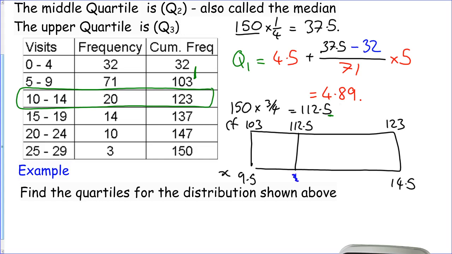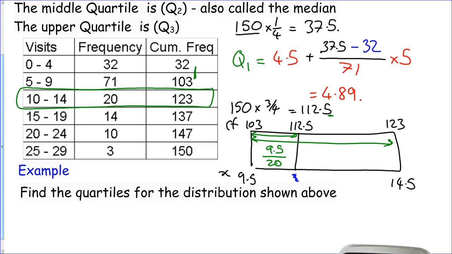The first thing we're going to do is work out our fraction, which is 9.5 on the top, because that's what you get when you do 112.5 take away 103. The hundreds cancel. Divided by our class width here, which is 20. So we're 9.5 out of 20 of the way through the class.